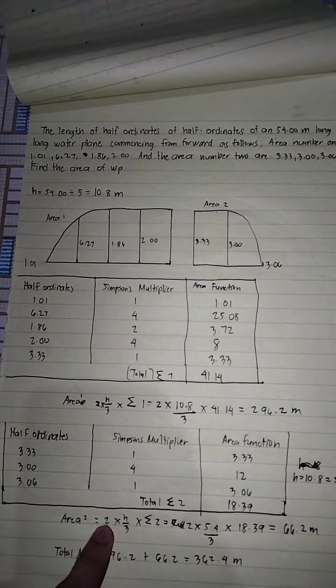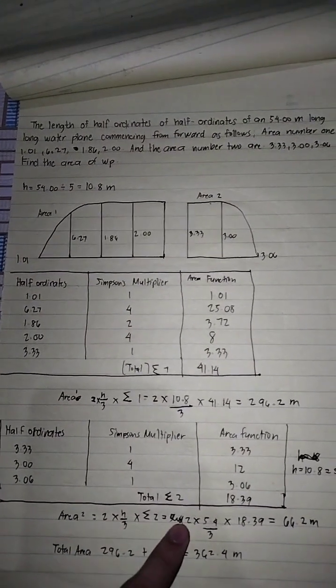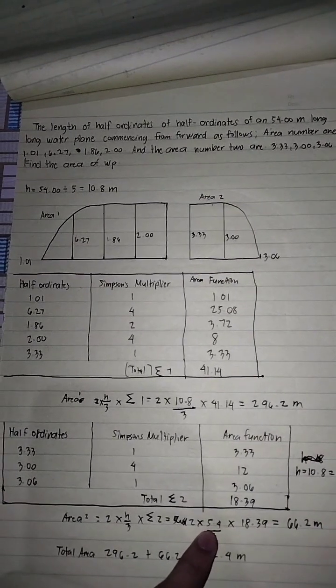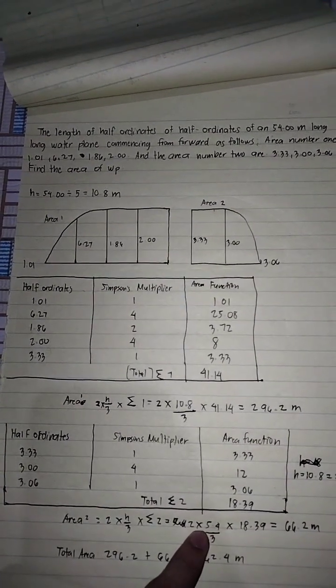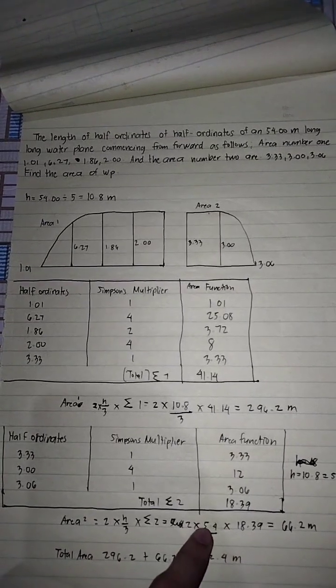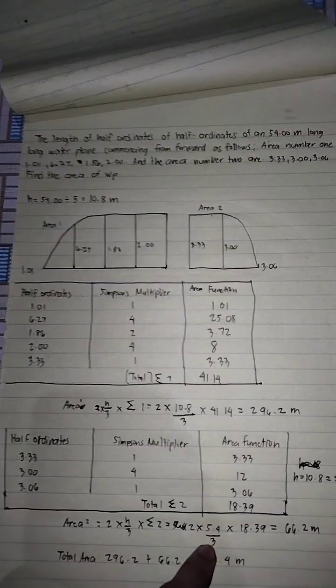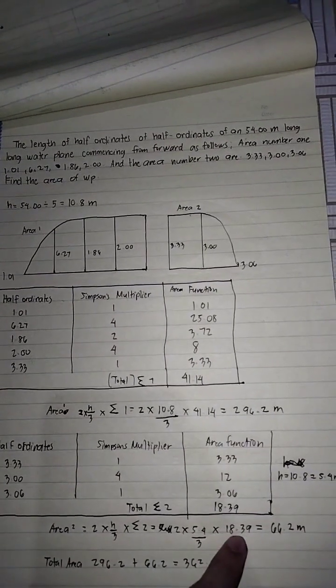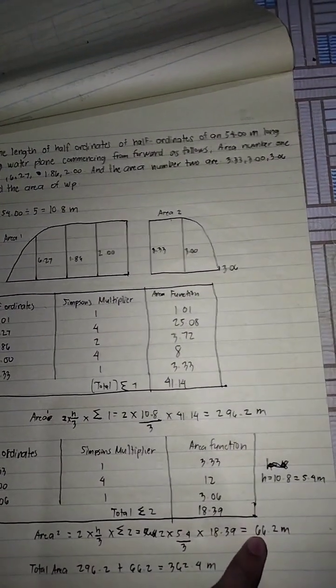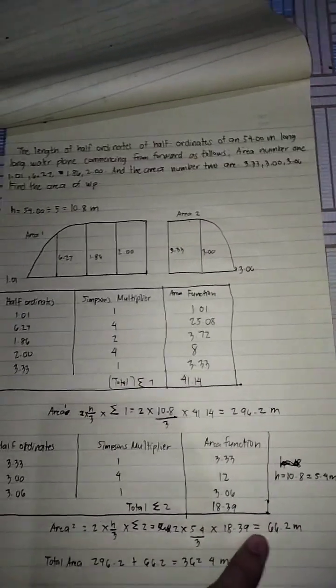2 times 5.4 divided by 3 times 18.39 is equal to 66.2.